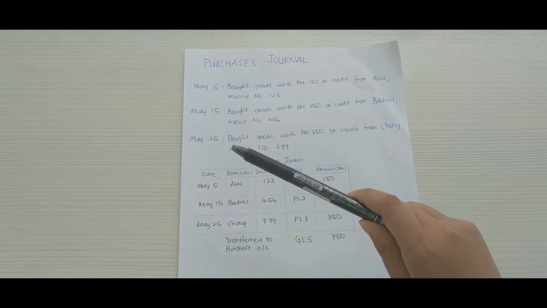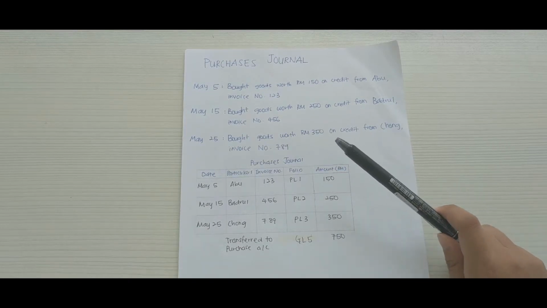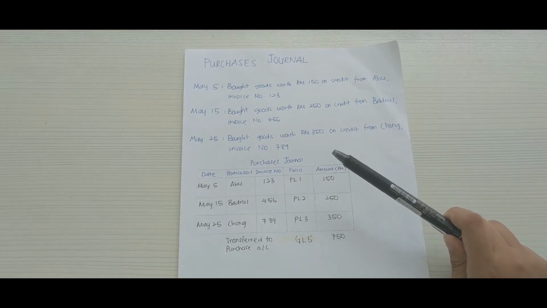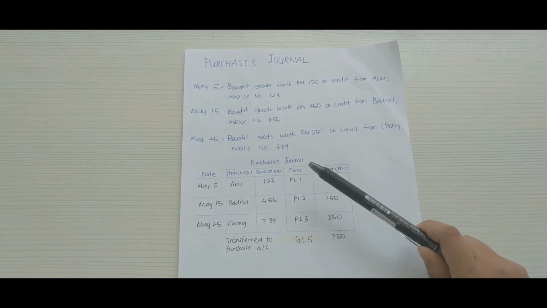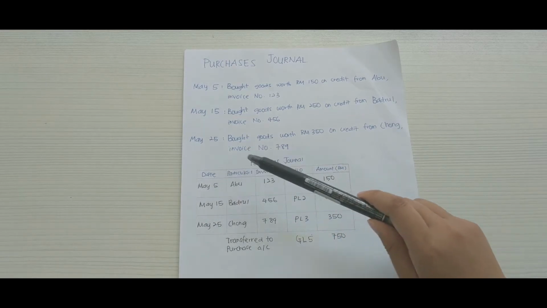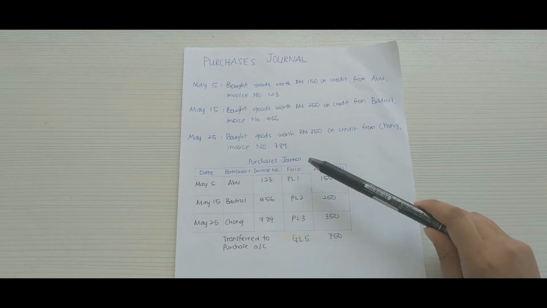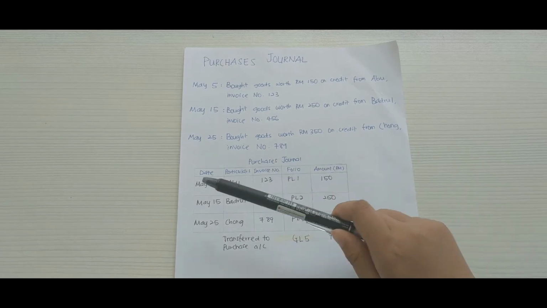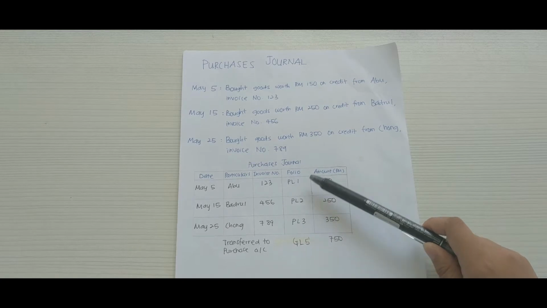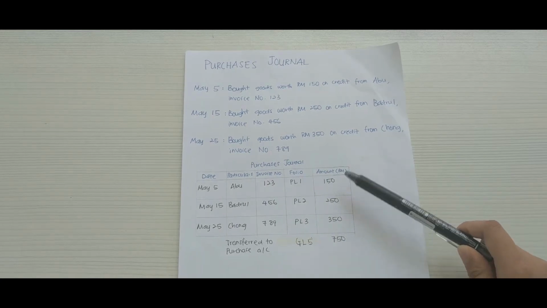May 25th, bought goods worth 350 ringgit on credit from Chong, invoice number 789. The purchases journal has 5 columns: date, particulars, invoice number, folio and amount. Date May 5th, particulars Abu, invoice number 123, folio PL1, amount 150 ringgit.